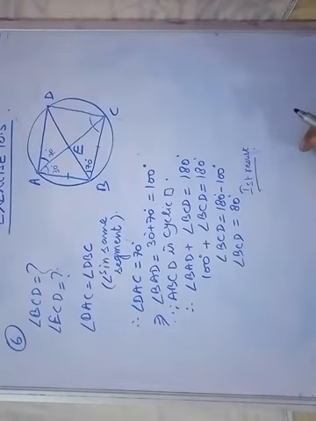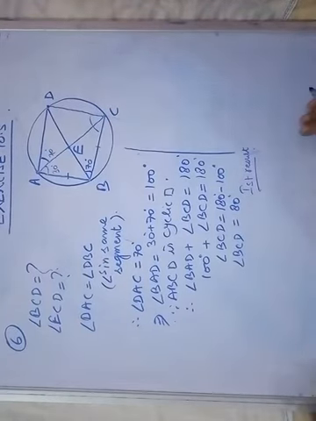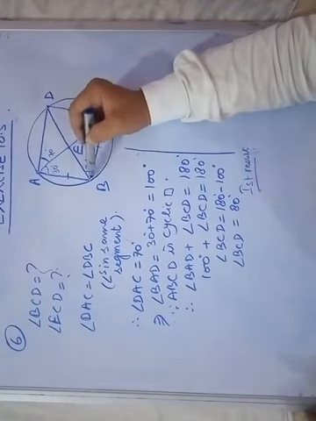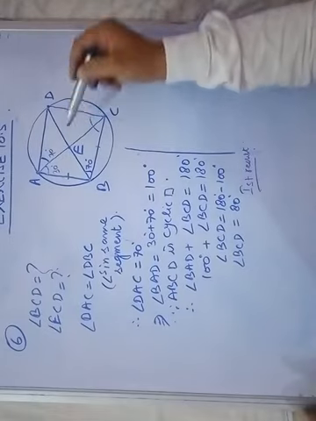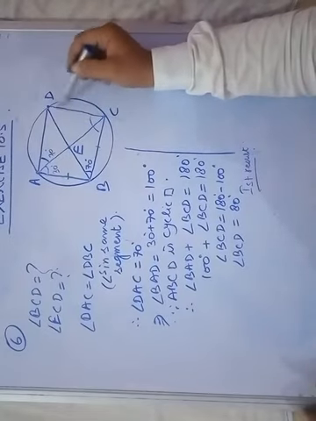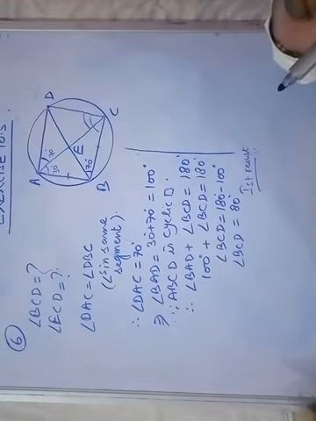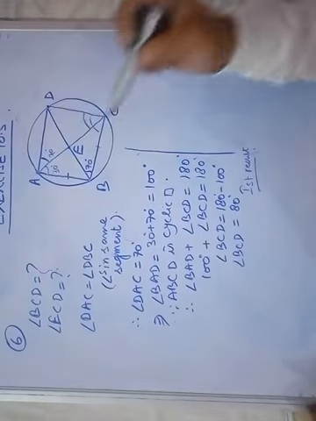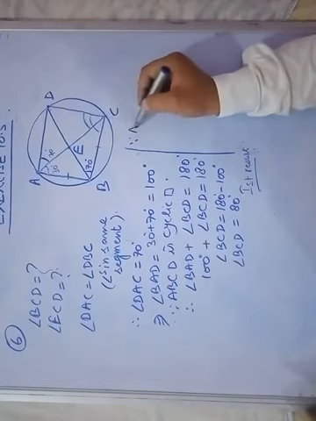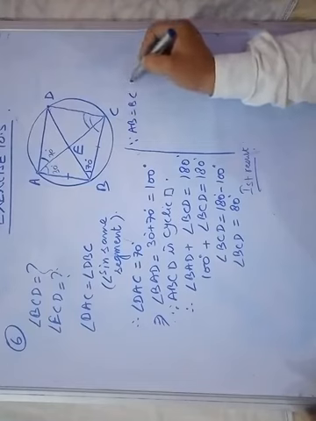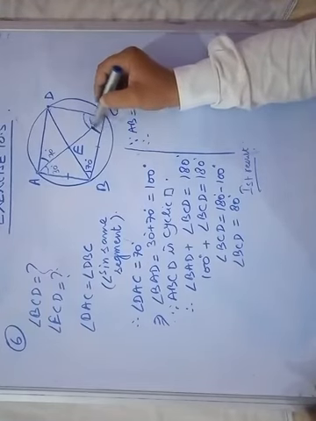Okay. Now in the second part of this question, if AB equal to BC, then find angle ECD. ECD, only this angle. Okay. So here, since AB equal to BC, therefore let this angle be 1.